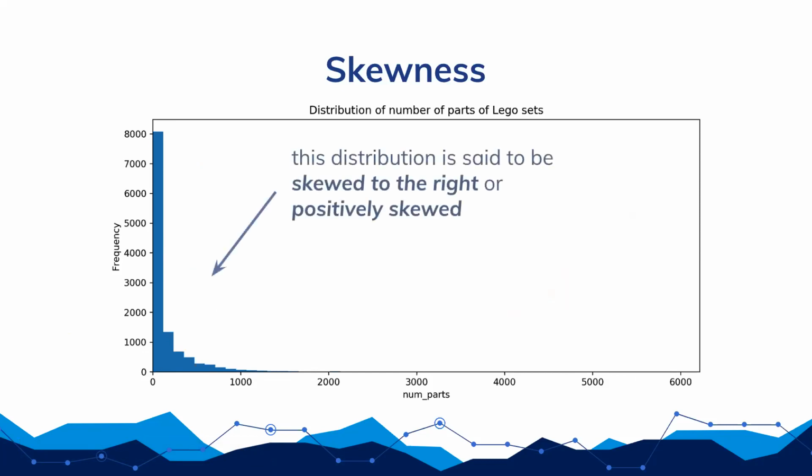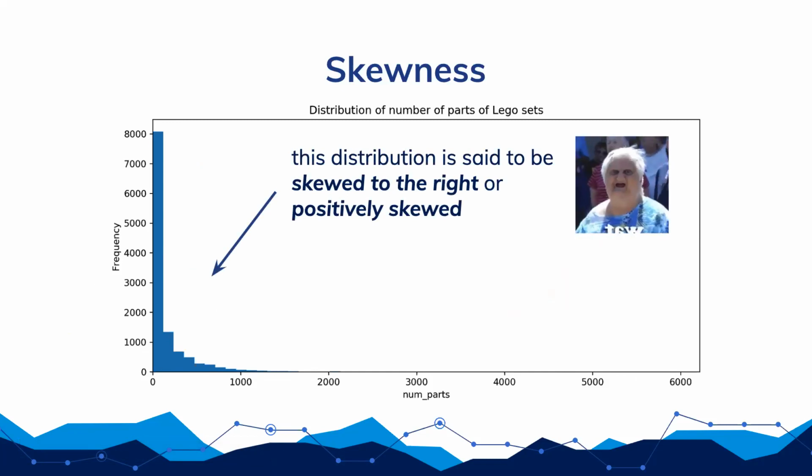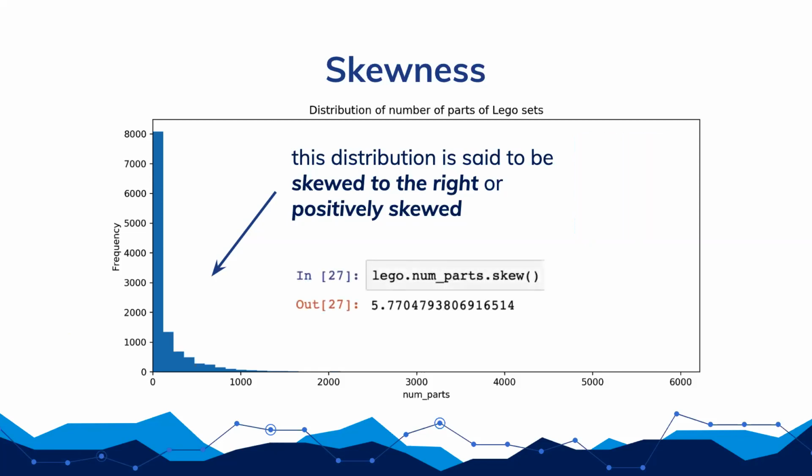So it makes perfect sense to say that the distribution is skewed to the right, because mathematicians are fun, right? Or, if you prefer, which is what I prefer, this is called a positively skewed distribution. You can see more in the learning notebook or the references: there's a measure of skewness of a distribution, which in Pandas you get by writing .skew.